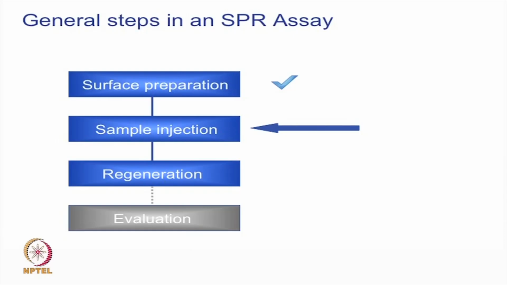Coming to the different steps in our assays, the next important step for developing an assay is sample injection. In sample injection, you inject your analyte, and the way the molecules are injected depends upon the way the molecular interaction is happening. If you are screening, there is a very slow way of injecting your molecule, where slow means the flow rate. When you are injecting for kinetics, the sample is injected at a certain flow rate.